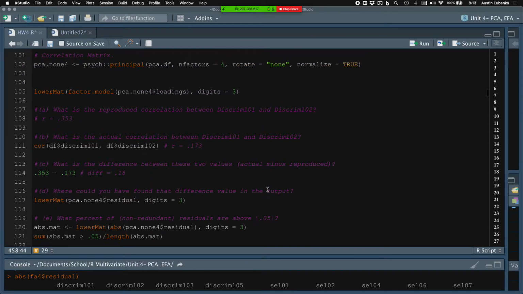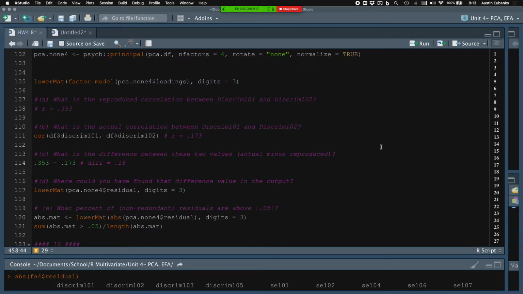When we do PCA or EFA, we're taking 16 variables and reducing it down to a smaller number of components or factors. By definition, because the method is parsimonious and reducing the amount of information, we don't get 100% of the information back. We started off with 16 variables, we ended up with 4 factors.